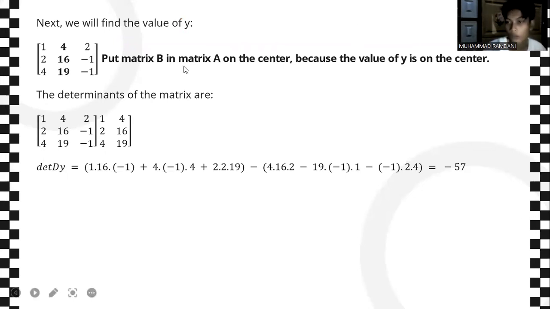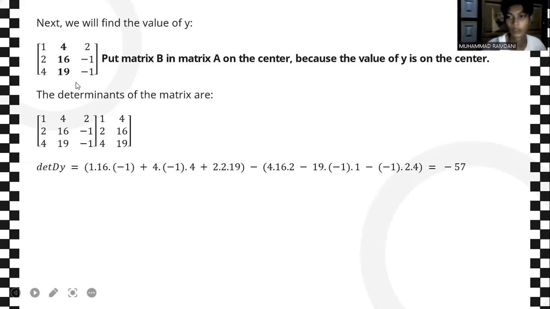Next, we're going to find the y variable. The method is the same as the previous one, but to find y, we change column 2, the middle one, into matrix B, because the value of y is in the center of the equation. So now we have 1, 4, 2, 2, 16, minus 1, 4, 19, and minus 1.